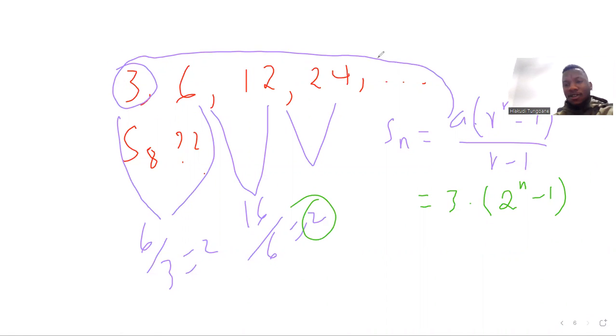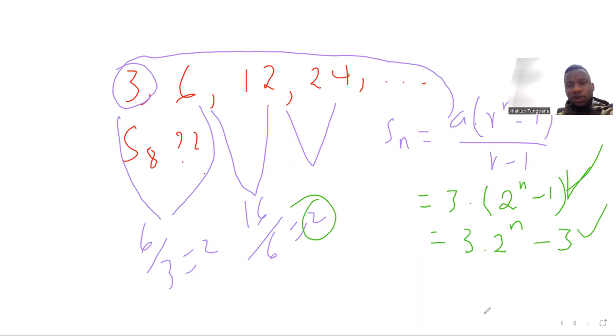If we expand the bracket, you're going to have 3 times 2 to the power of n, and then 3 times minus 1, that's going to give minus 3. So that's the formula. Or we can leave it at this, that's still fine.